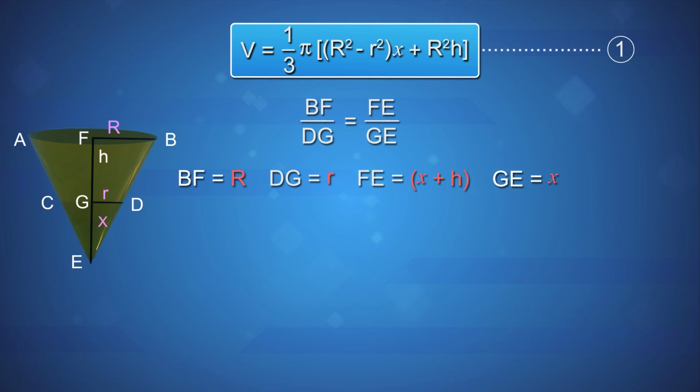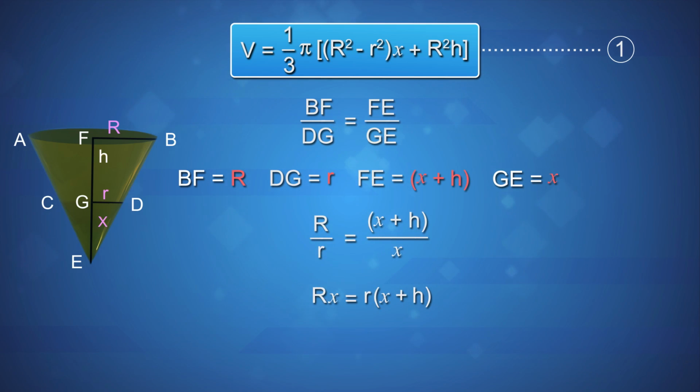Substituting these values, we get capital R by small r is equal to x plus h by x. By cross multiplying, we get capital Rx is equal to small r into x plus h. Now expand the equation by multiplying the term small r with x plus h. So the equation becomes capital Rx is equal to x into small r plus h into small r.